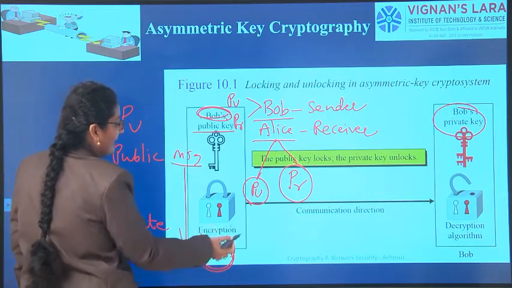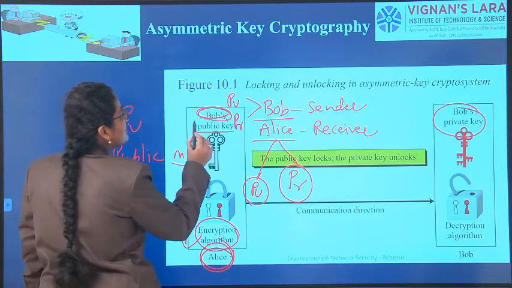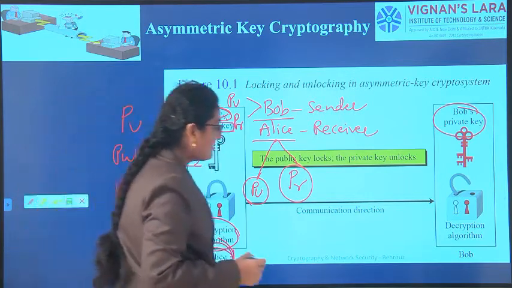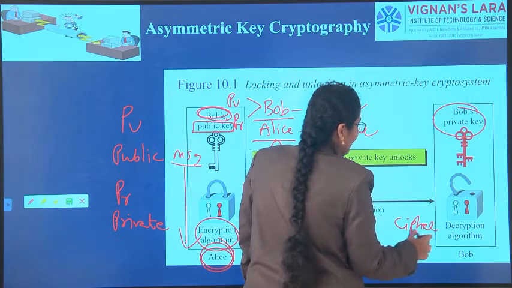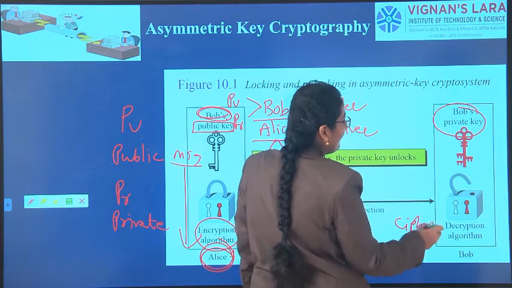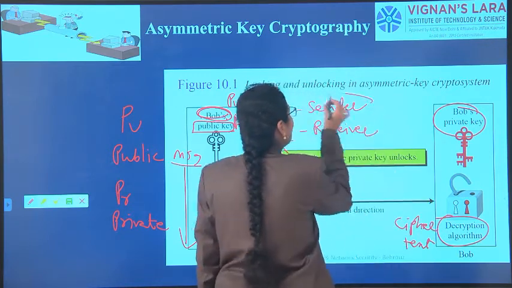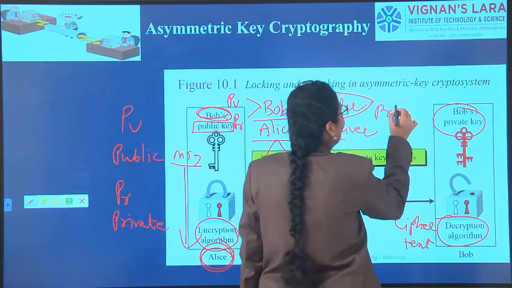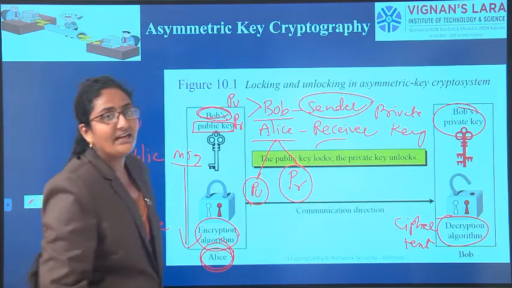This message should be encrypted using an encryption algorithm. For encryption we are using the public key. So Alice will get cipher text. This cipher text should be decrypted using a decryption algorithm. For decryption again we are using the private key.